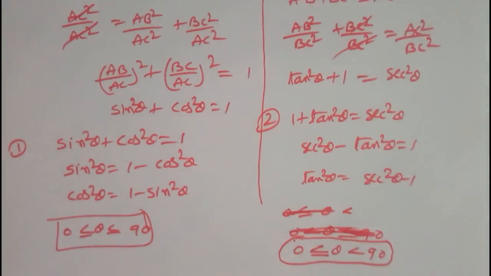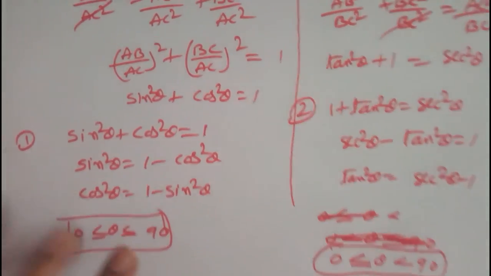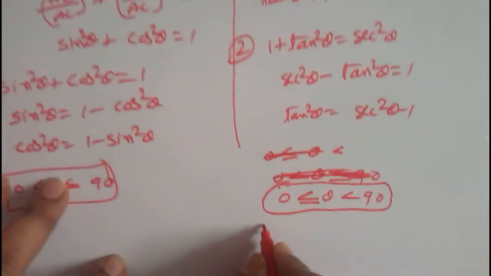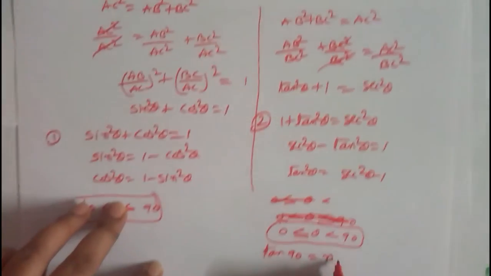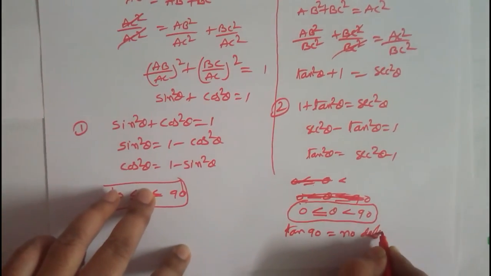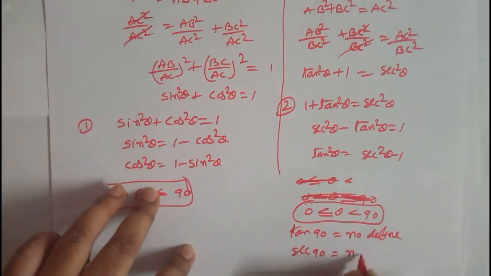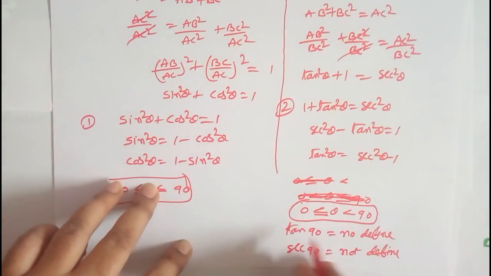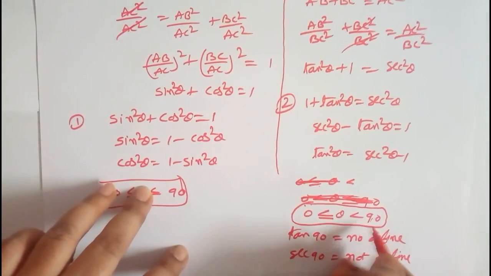Tan 90 is not defined. Secant 90 also not defined. That's why the condition is theta greater than or equal to 0 less than 90. It is not equal to 90.